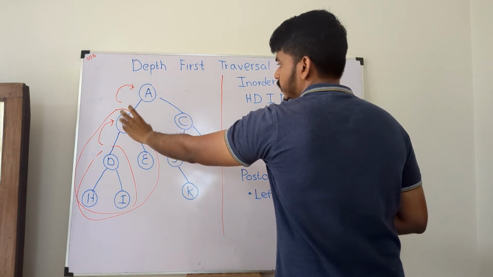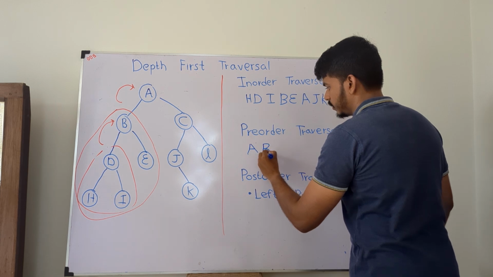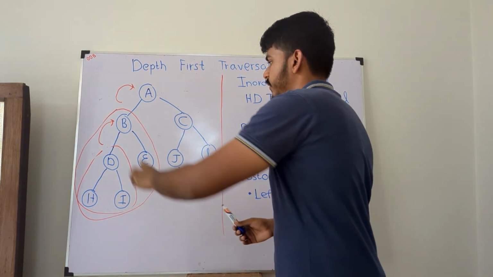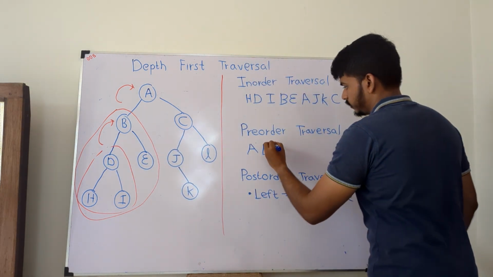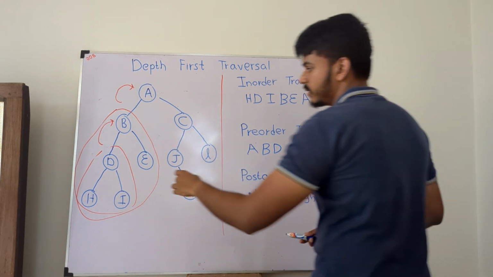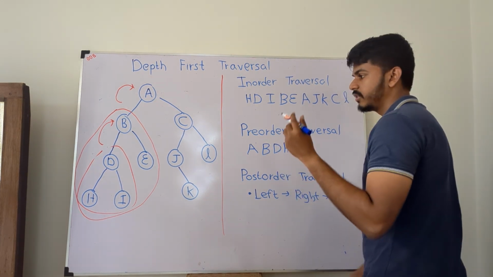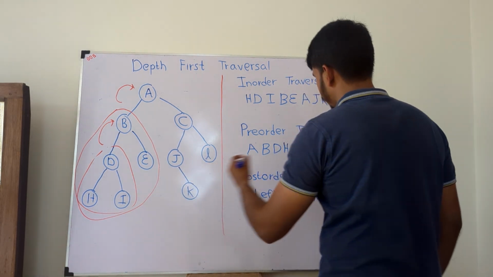The left side node is B here. Then in that, the left side, the node is D, and the D's left child is H. And after writing the left child, we are going to move to the right child, which is I.